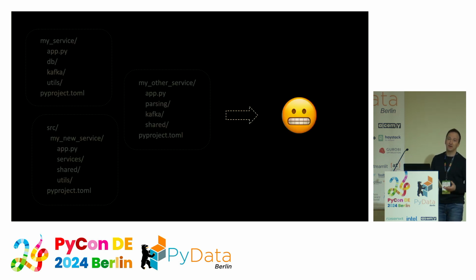But managing a monorepo can be really, really difficult. It can be a nightmare, actually. I joined an organization and part of one team in that organization, and they had this horrible monorepo that nobody wanted to work with.